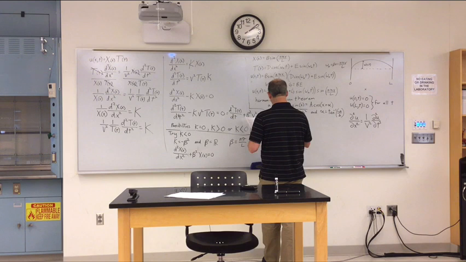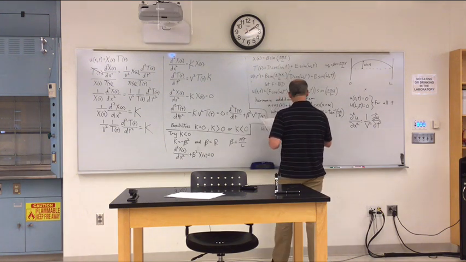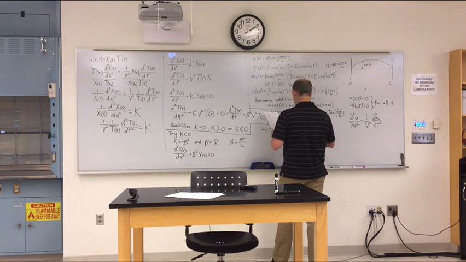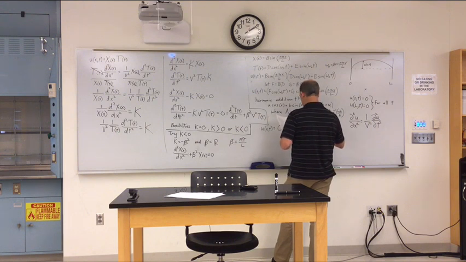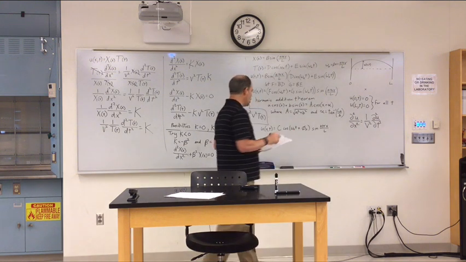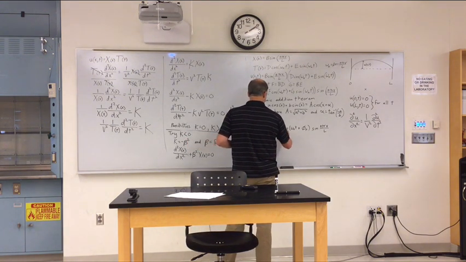So U of x, t equals, we can call it C cosine omega n t plus some value, and sine n pi x over L. Now this is for a single n value.